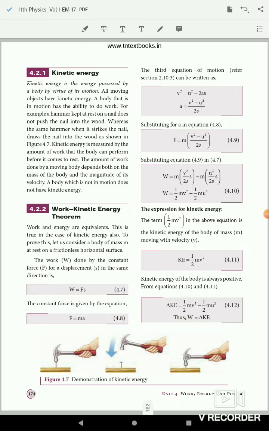Next, kinetic energy. You already know the total energy is the sum of the kinetic energy and potential energy. Now we discuss the kinetic energy. What is the meaning of kinetic energy? You already studied this in the third lesson.